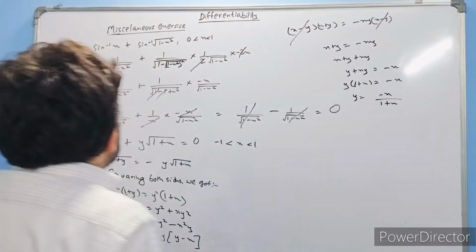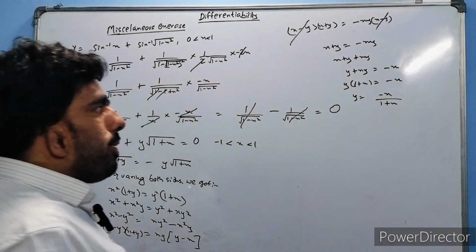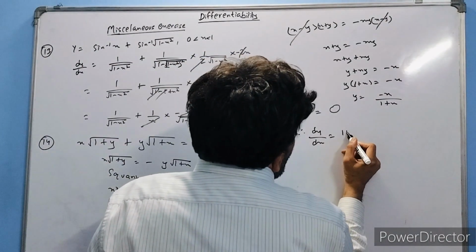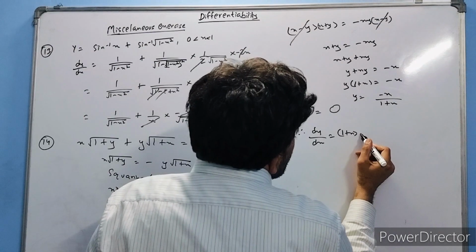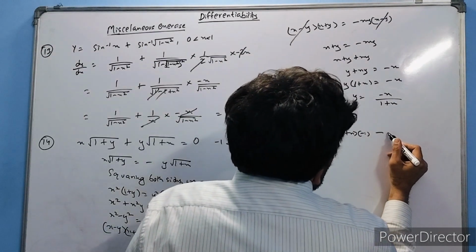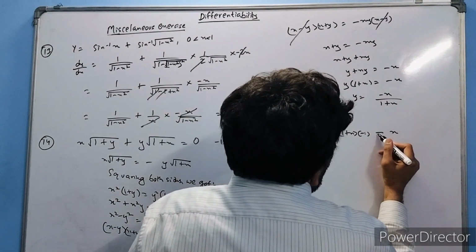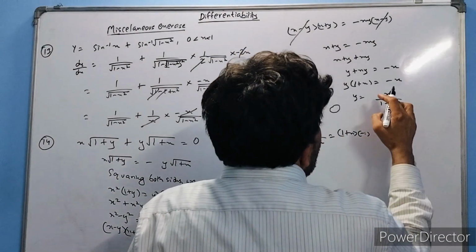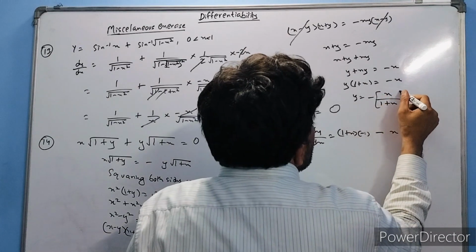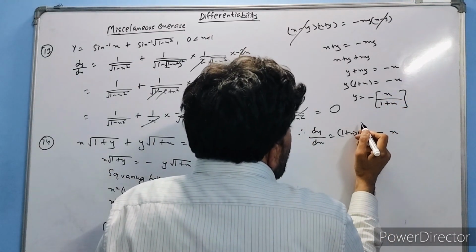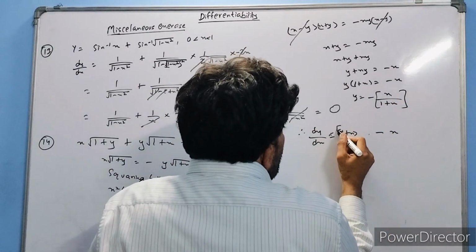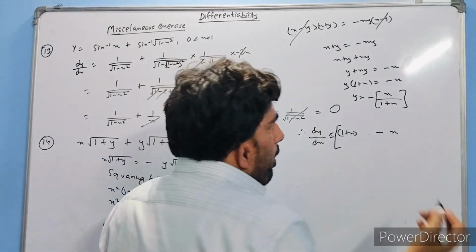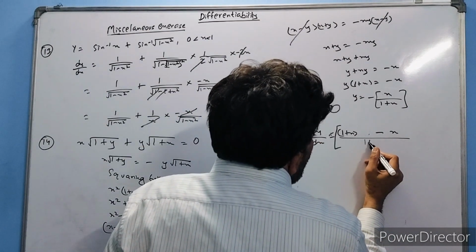Now we will differentiate this, so we have dy upon dx. Taking the minus sign out, we have minus x into the differentiation of 1 plus x, which gives 1 upon 1 plus x whole square.